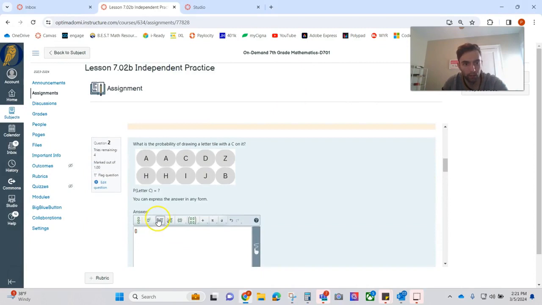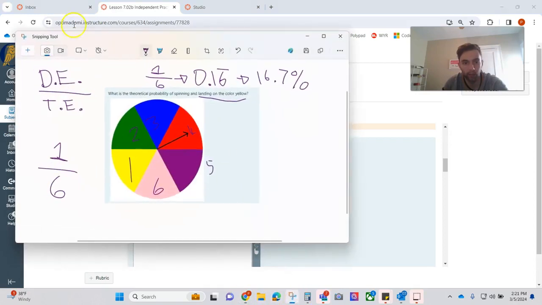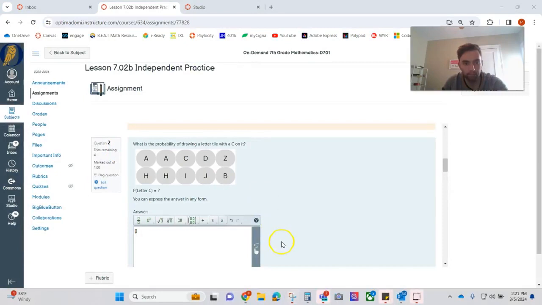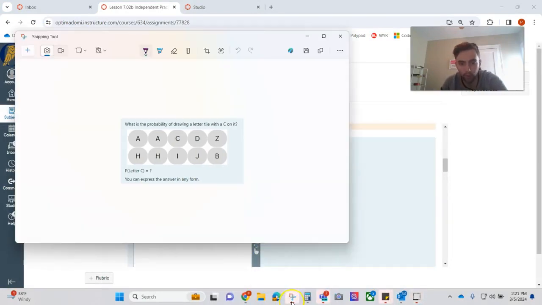Yay. Question 2. What is the probability of drawing the letter tile with a C on it? You can express the answer in any form. Oh, so we could do fractions maybe, or percents, or decimals. Interesting. I'm going to stick with percents.